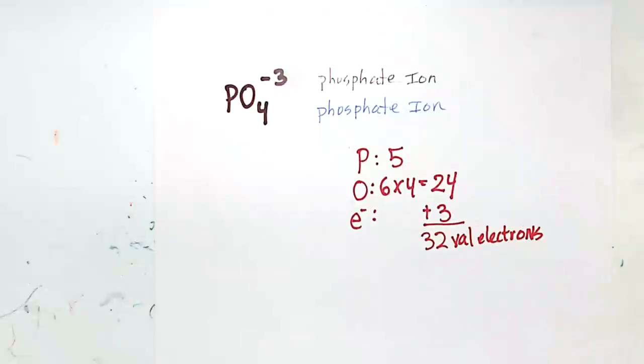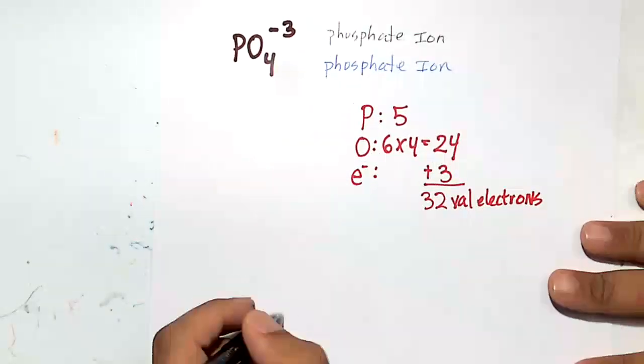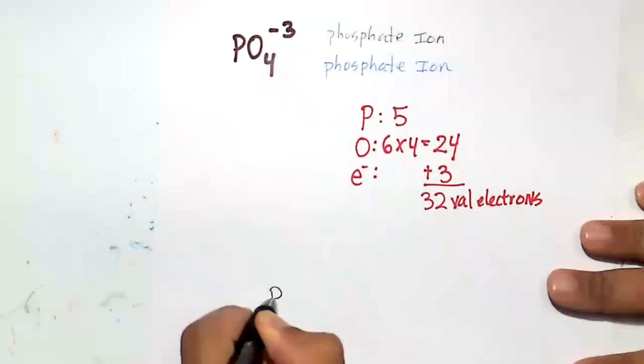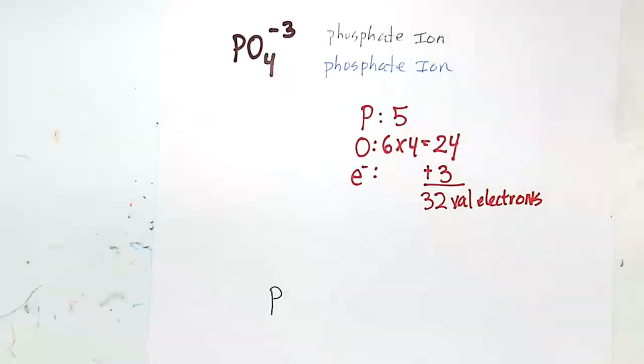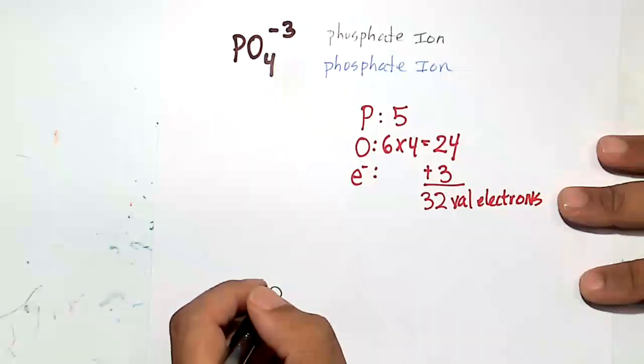All right, what do you think the central atom will be? Phosphorus. Nice job. Okay. And how do you think we'll get minus 3 with oxygens? We have to have 3 single bonds and 1 double bond. Okay. Very nice.